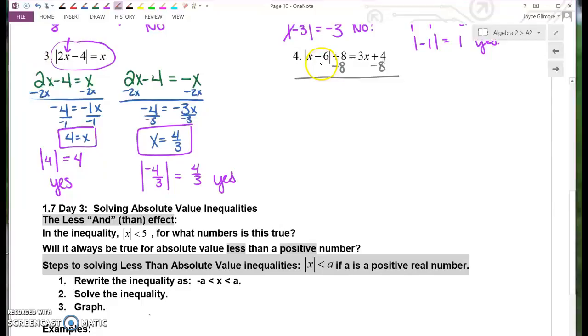Well, you can't combine the -6 and the 8 because the -6 is inside the bars and the 8 is not. So move the 8 to the other side by subtracting 8 on both sides. So we have the absolute value of x minus 6 equals 3x minus 4. Now, on your own, set up 2 equations, solve both equations, plug them in, see which ones work.